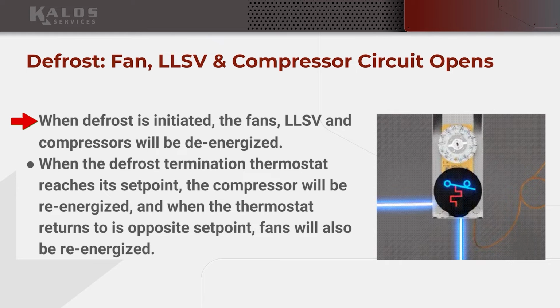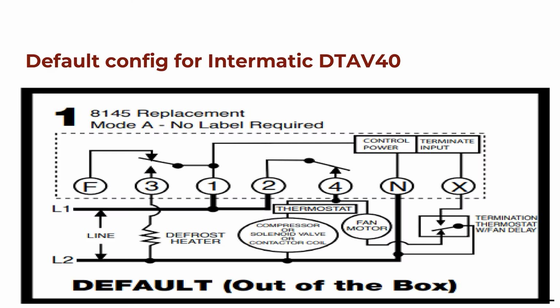When we first enter defrost mode, the time clock has reached its set point that would initialize defrost. The fans, liquid line solenoids, and compressor all need to be de-energized. If we go back and look at our wiring diagram for the default wiring configuration, and we follow power along L1, right now the diagram is in its cooling configuration.